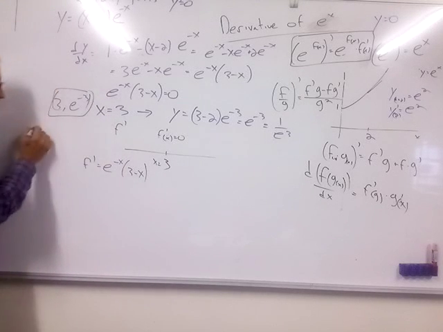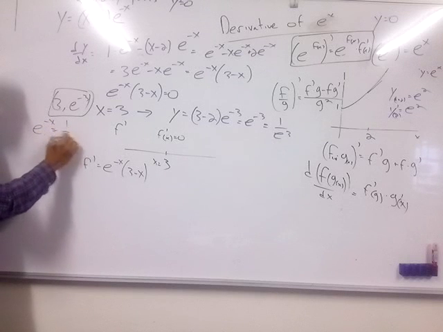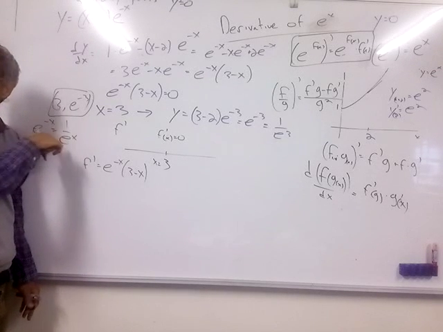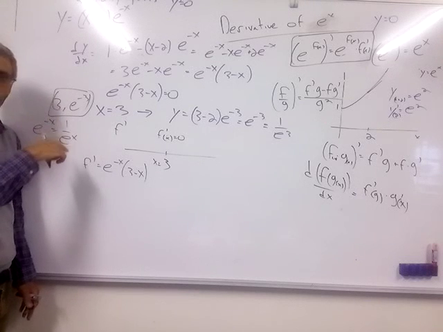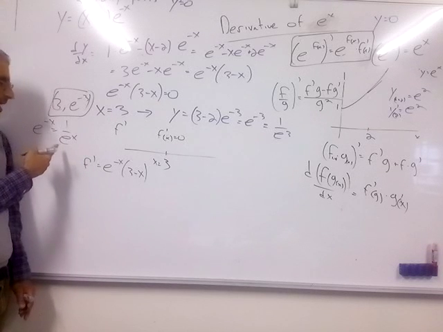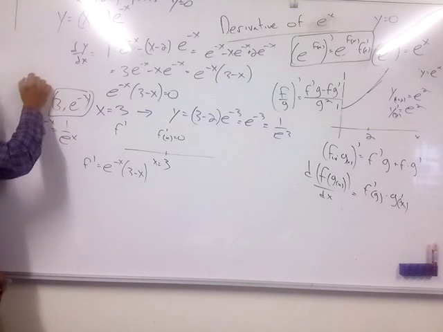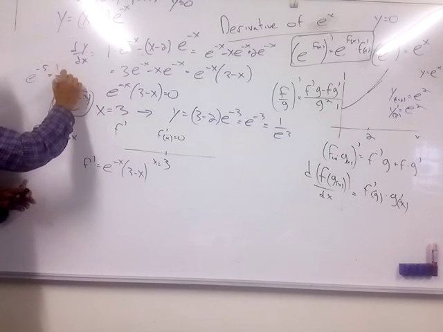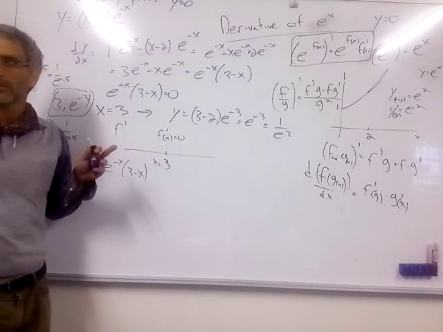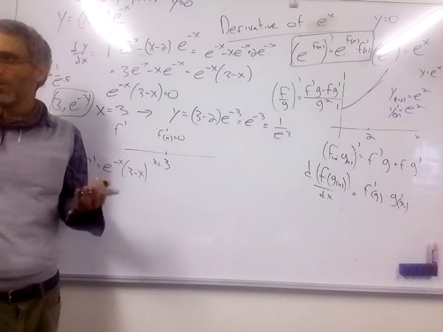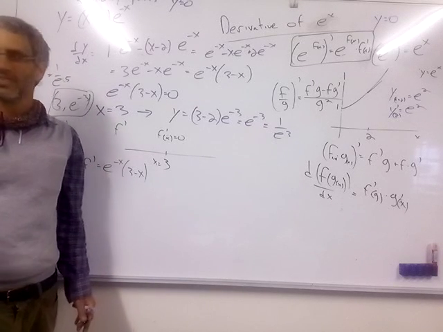What is e to the power minus x? It's 1 over e to the power of x. Doesn't matter what x is, this thing is always positive. E to the power of 1, e to the power of minus 5, it's all positive numbers. E to the power of minus 5 is 1 over e to the power of 5. I don't know what it is, but it's a positive number.